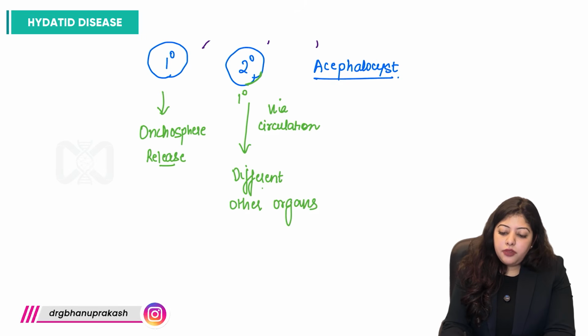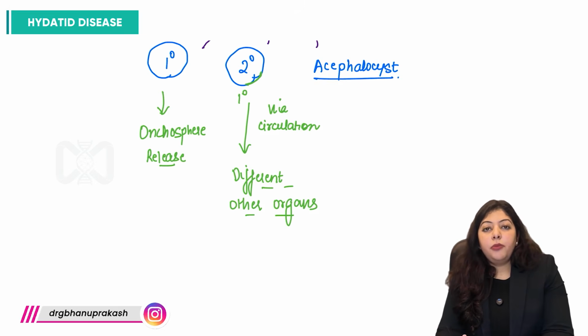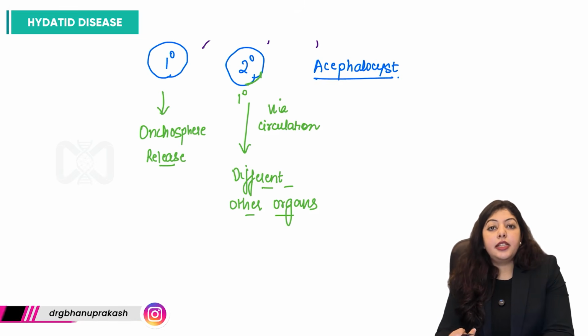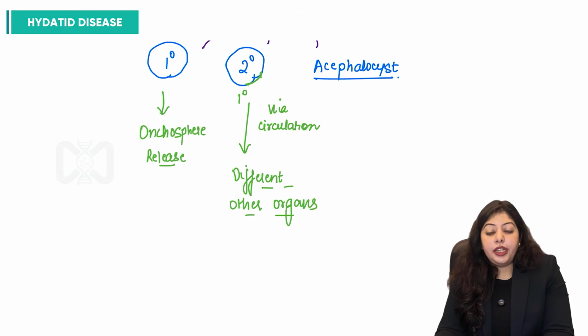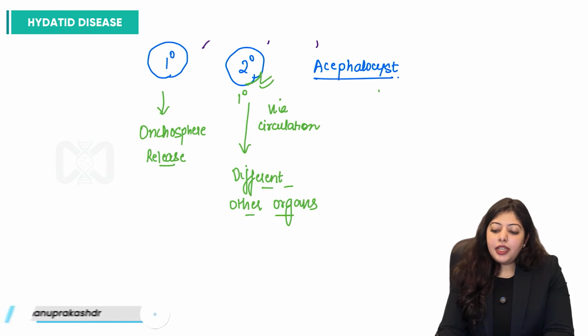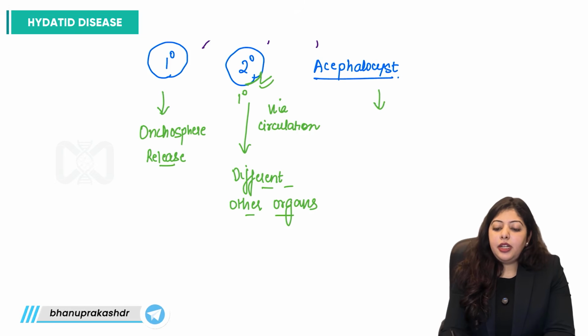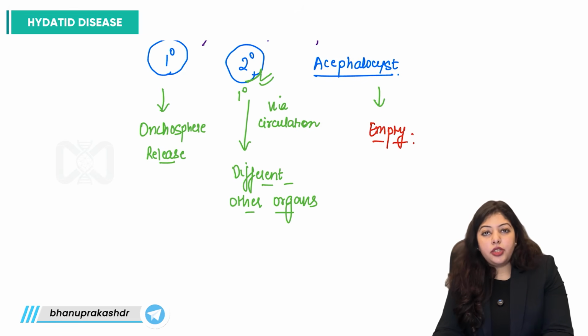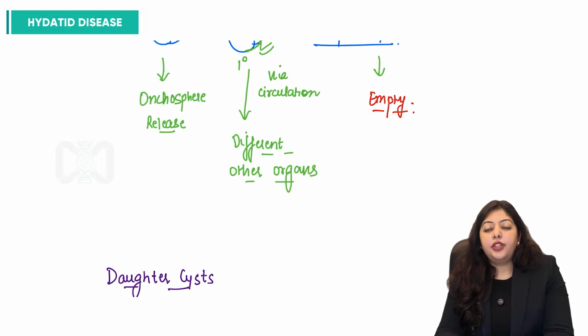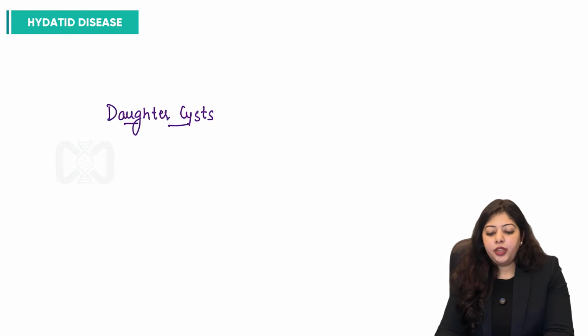So the cysts which develop from already existing cysts in the body are known as secondary cysts. And what are the other ones? These are nothing but empty cysts which do not have protoscolices or any other structures inside, right? So these are the varieties of cysts you must know.